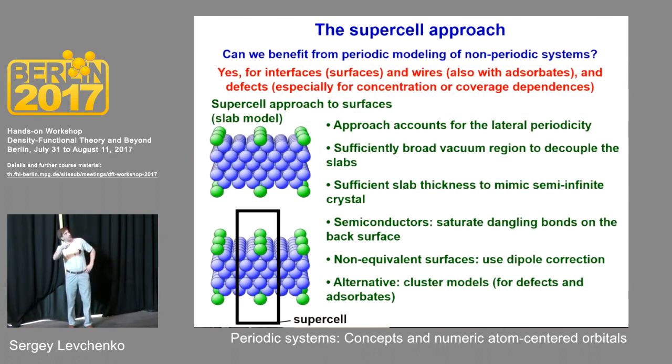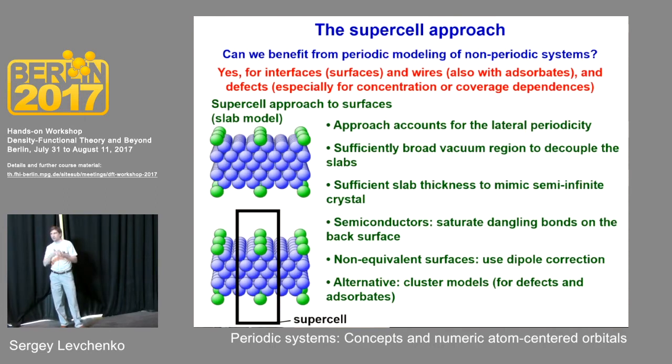But we have to worry about several things. In particular, the vacuum region should be sufficiently broad to decouple one surface from the other, from the image, right? Different basis sets react differently to this kind of problem.